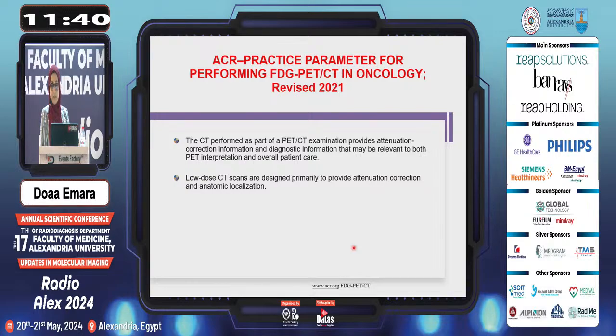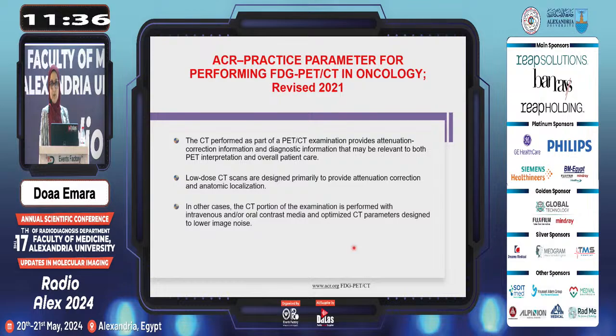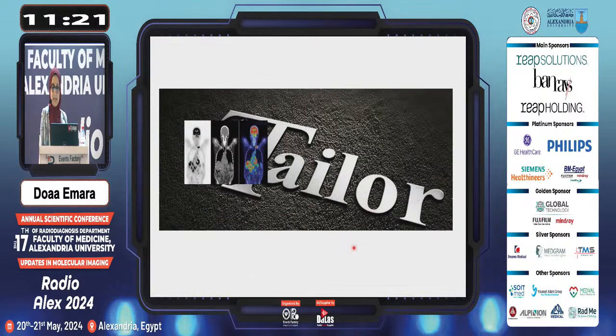And if it's used as a diagnostic tool, we have to use the full diagnostic protocol according to each case. We may inject intravenous contrast, use bowel preparation, and use oral contrast. And so the PET-CT examination can be tailored by the radiologist according to the clinical data of the patient.